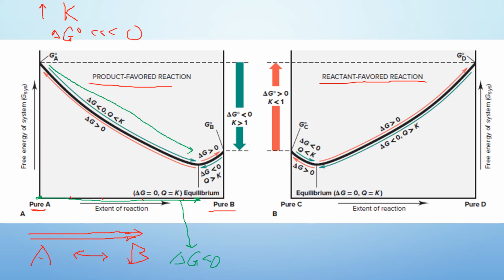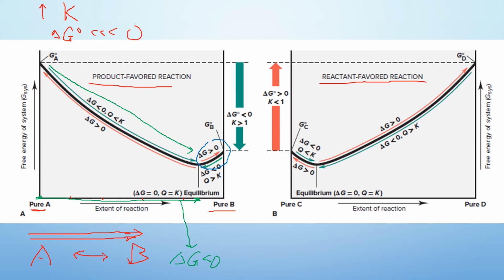So product favored doesn't mean that the other direction is impossible. The other direction is also possible, but less favored. So this region on the right hand side indicates that if you go beyond this equilibrium position, the green curve will go back.